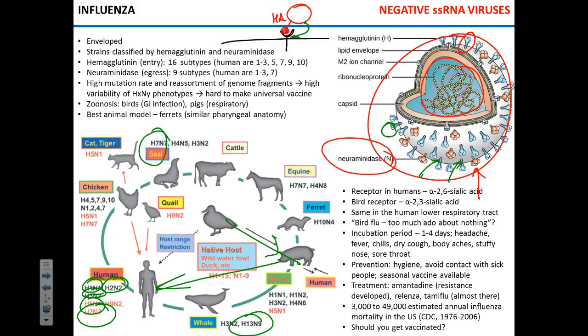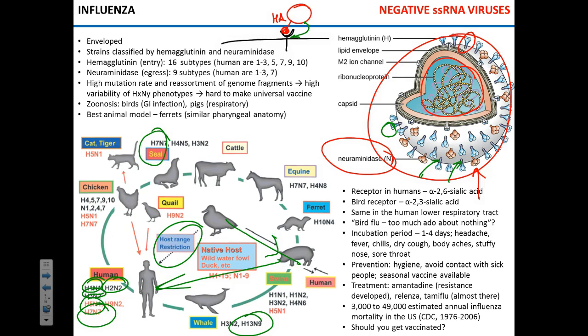Now on this flow chart, you can see the dotted arrow that goes from waterfowl to humans. And we will touch on that, okay? But there are some interesting mechanisms associated with that step.